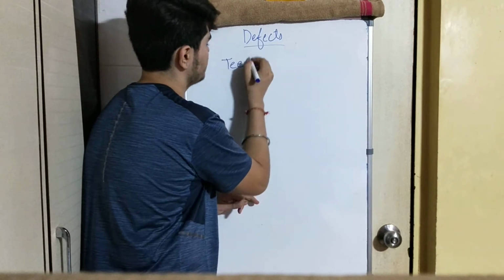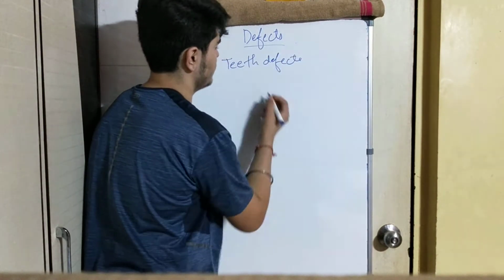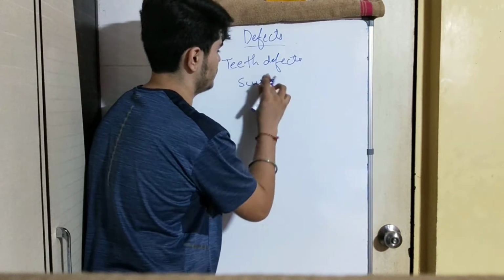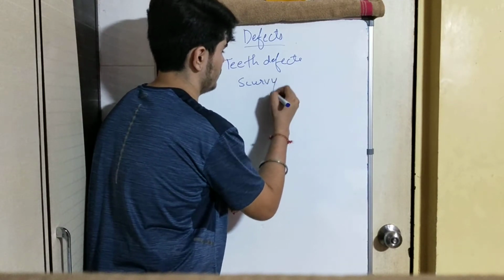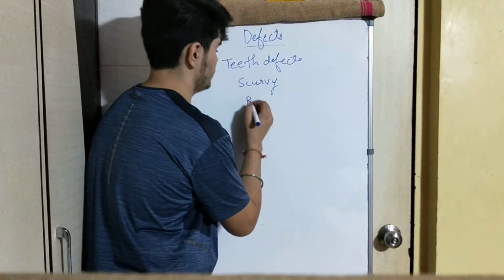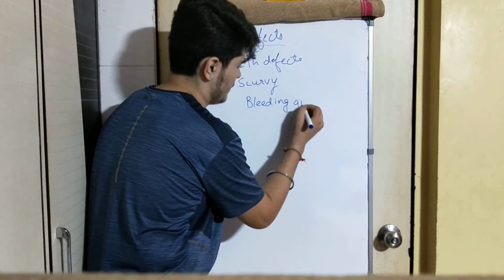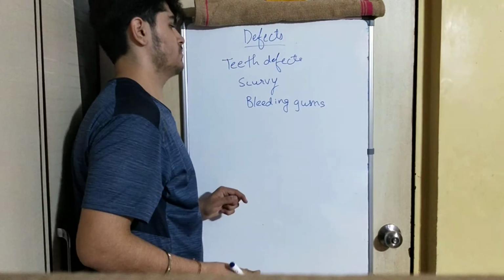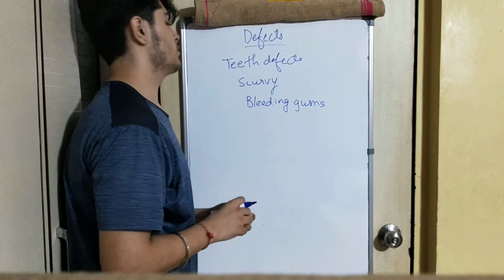Teeth defects, that is cavities, bleeding gums. These are teeth defects which occur.